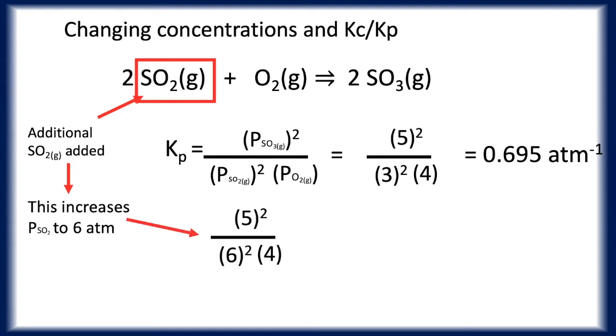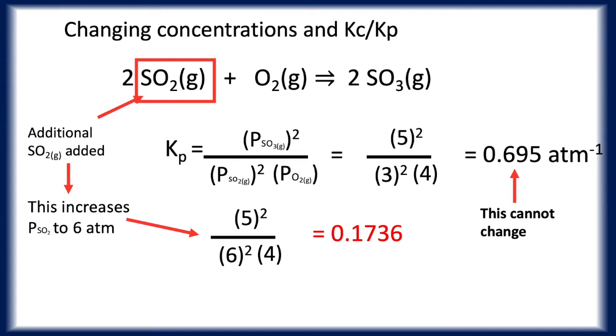So that would change initially because SO3 would be the same, O2 would be the same, but SO2 has changed dramatically, which would mean that Kp would change, but it can't change. It must remain that number. If we work that out, that would be 0.1736.